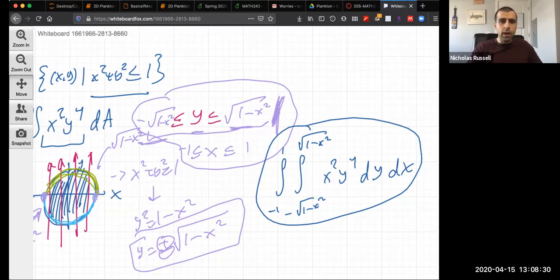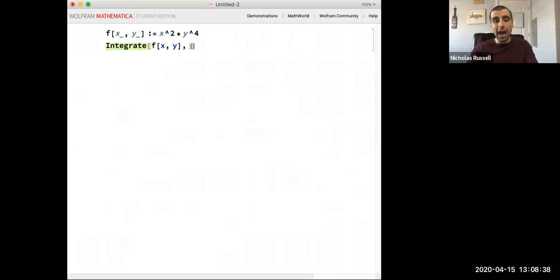So let me share this screen with you again. x goes from negative 1 to 1, and y will go from negative square root of 1 minus x squared to square root of 1 minus x squared.